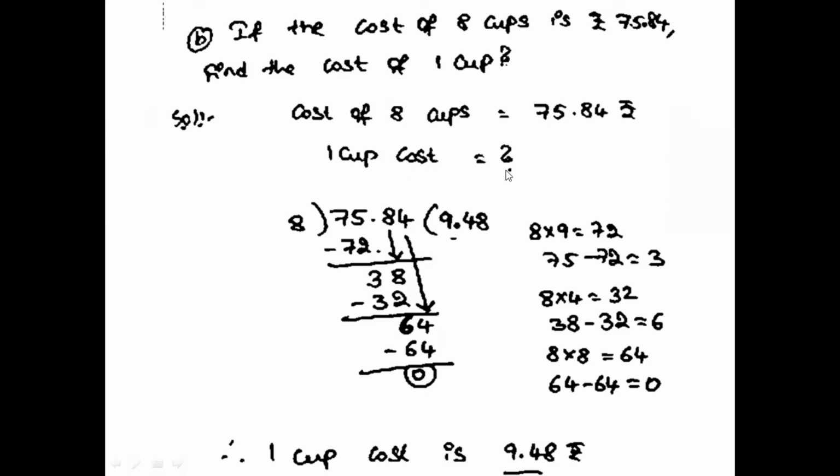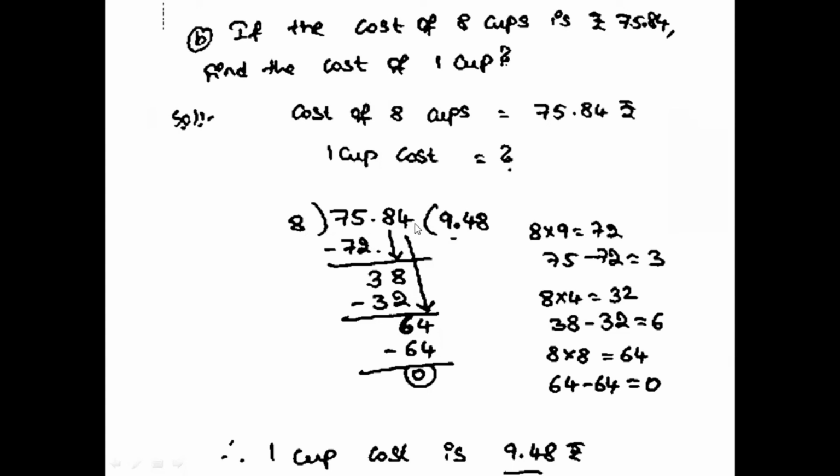We have to find. See here, 9 eights are 72. 75 minus 72, the difference is 3. After this we have a decimal point, so in the quotient also we have to keep a decimal point.